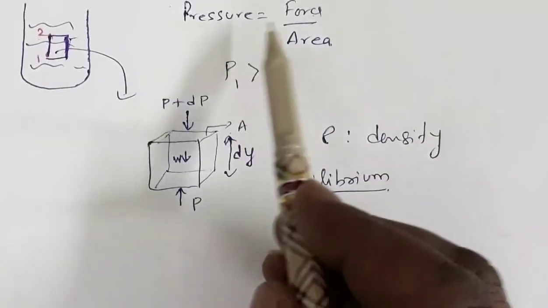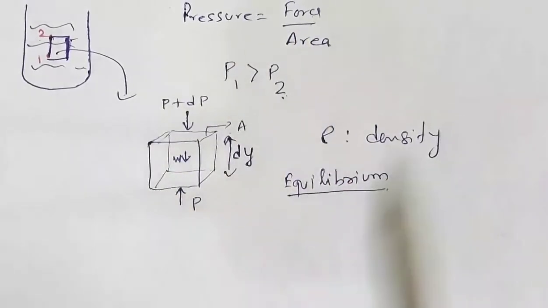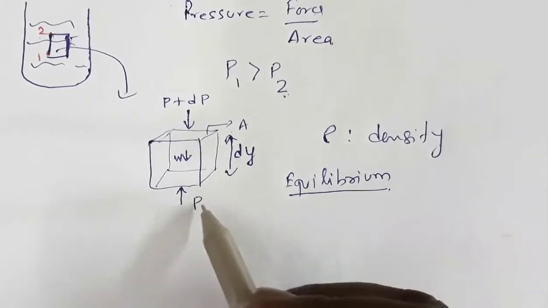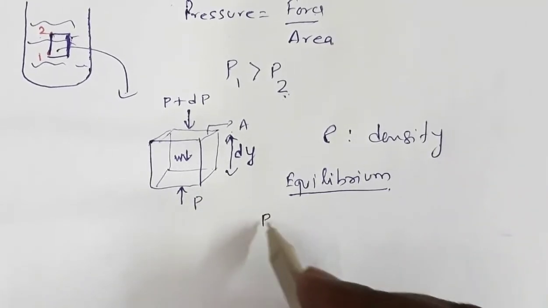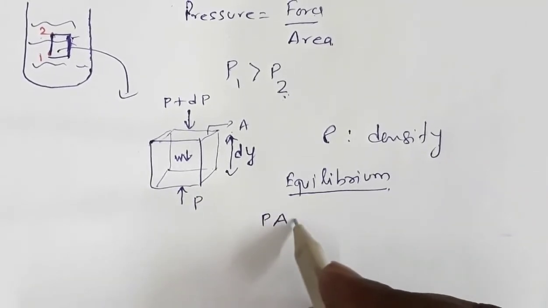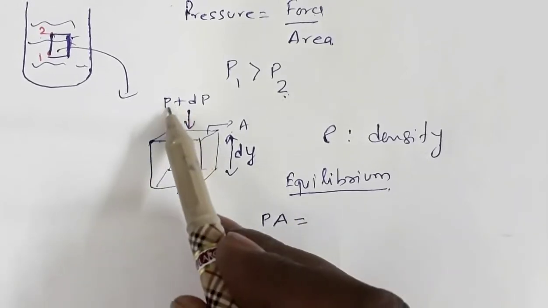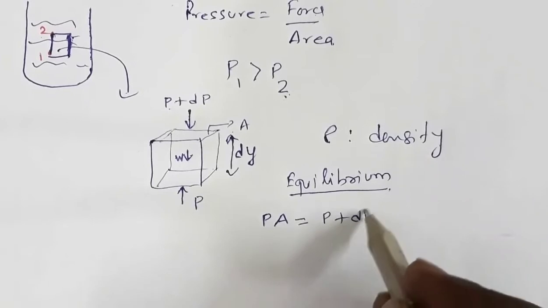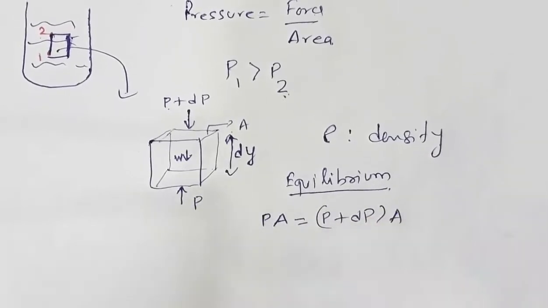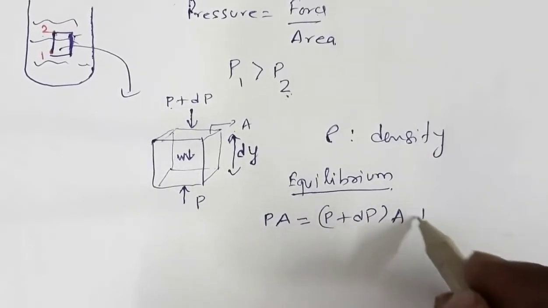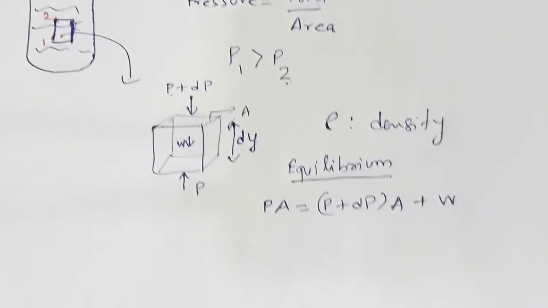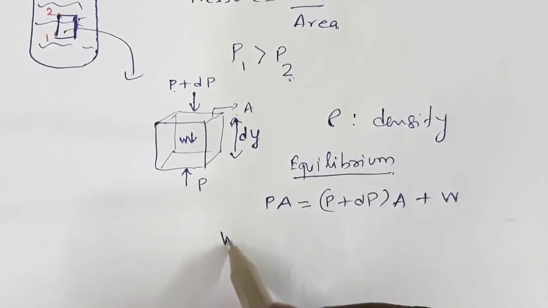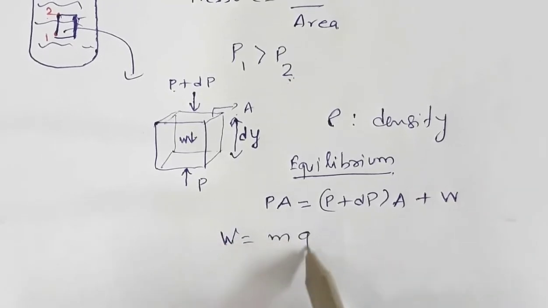Pressure is force by area, so force is pressure into area, so total upward force is P into A. Total downward force is this pressure times area, (P plus dP) into A, and weight, which is also acting in the downward direction.